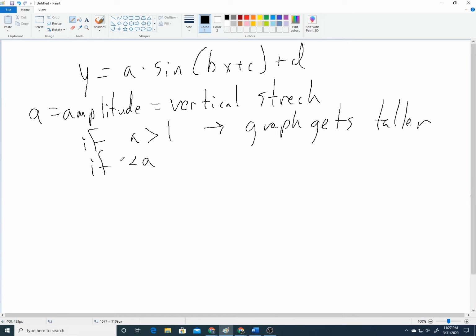If A is going to be between 0 and 1, I should say the absolute value of A, to be proper in my mathematics, don't worry about it. It just means that we're taking into account when we flip you upside down, we still could be taller than 1. Alright, but if your value is between 0 and 1, your graph is shorter.